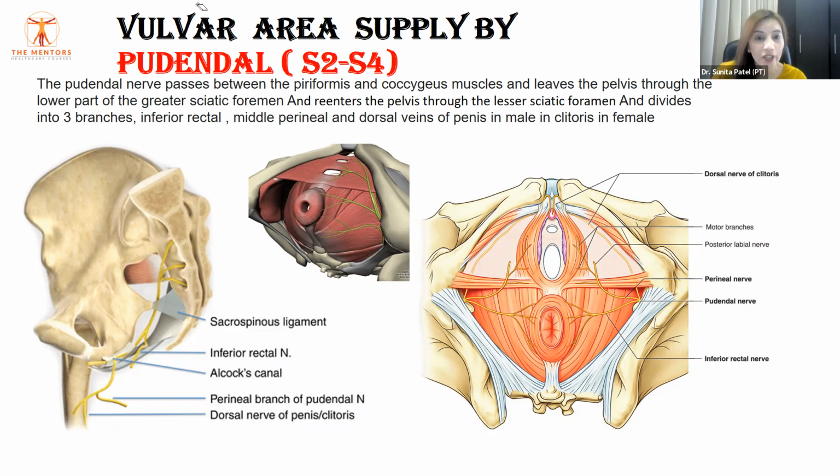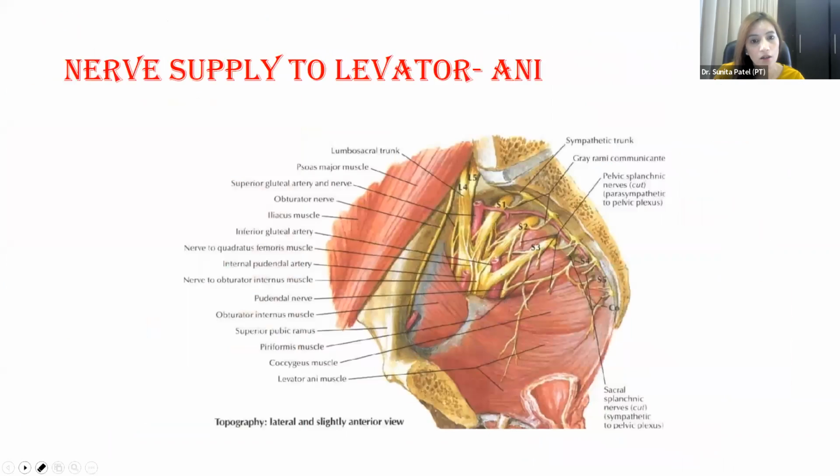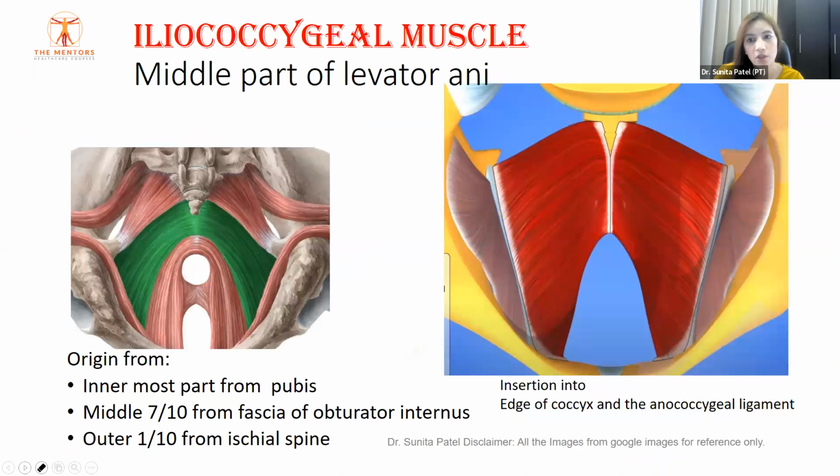Okay. So the pudendal nerve is the one nerve which is going to supply all these superficial muscle fibers. The pudendal nerve comes from S2 to S4, and it will pass between the piriformis and coccygeus muscle. I want to show you something.